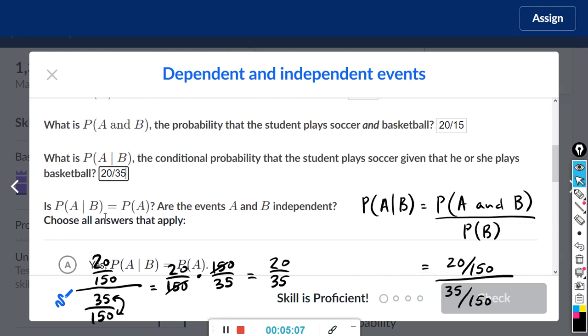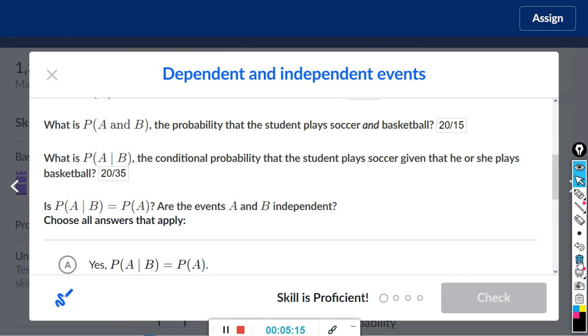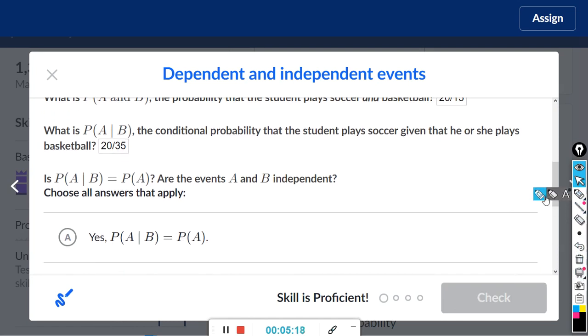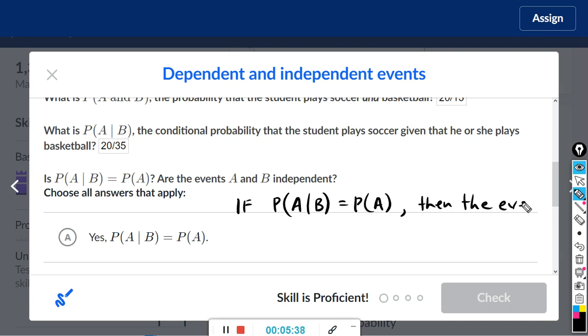And finally, they're asking: is the probability of A given B equal to the probability of A? The reason they're asking that, and again, you want to write this down: if the probability of A given B equals the probability of A, then the events are independent.